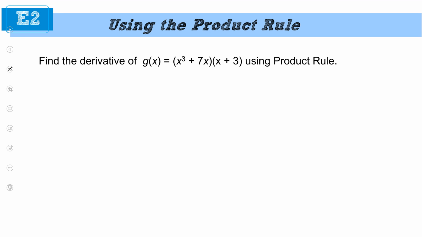No, it's x plus 3. No, it says x to the third. The reason is it's already x to the 0.